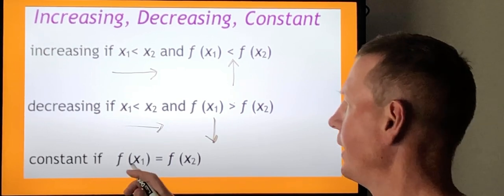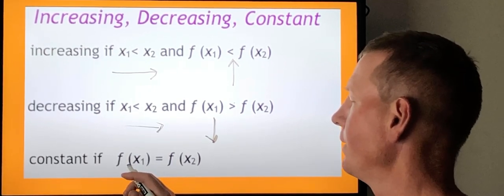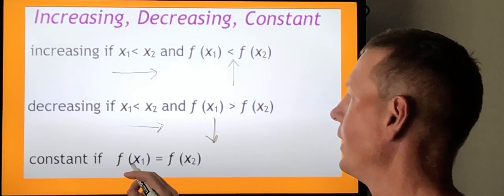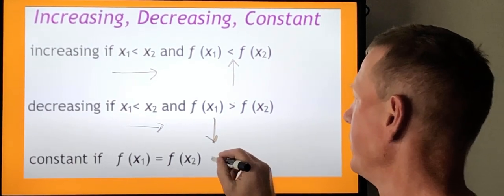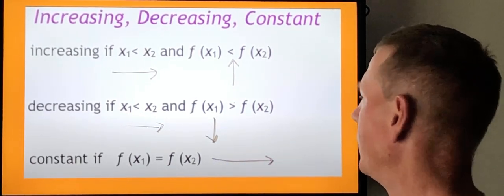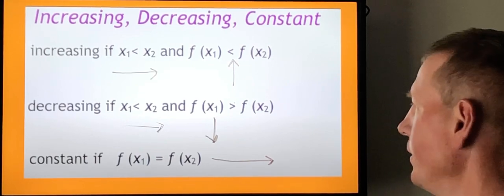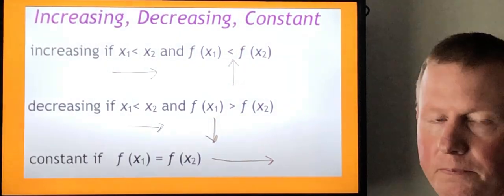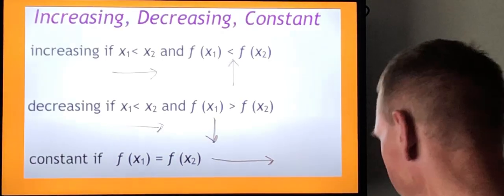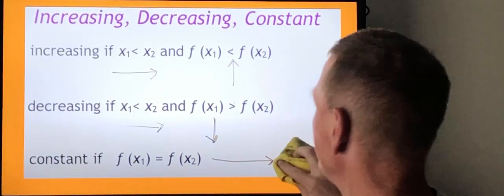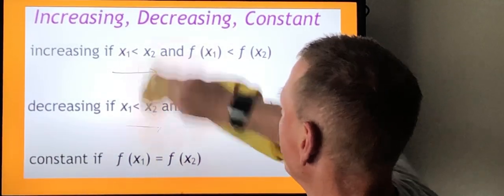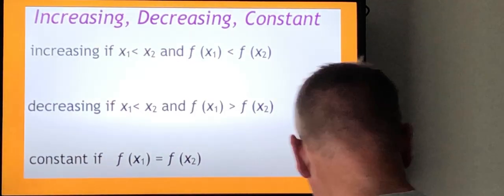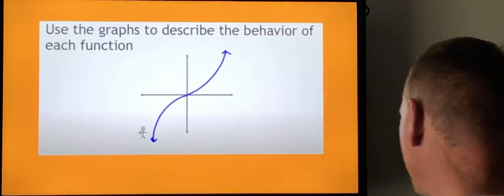Constant just indicates that as we go from left to right, the y value just stays the same. So we're just constantly going basically in a horizontal fashion across the graph. Okay? So hopefully that gives you a pretty good explanation if you're having trouble understanding that notation. Let's look at a couple of examples.